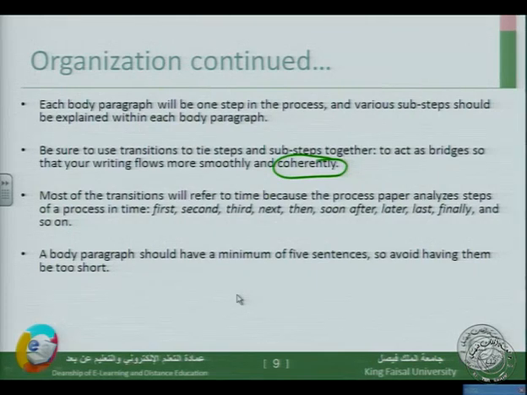So try to write a minimum of 5 sentences for each body paragraph, because in each body paragraph I have a topic sentence, but you need some examples to support it. For example, our thesis statement was: smoking is unhealthy for 3 reasons. In the first body paragraph, I'm going to mention 1 reason, for example, smoking causes heart attacks. This is my topic sentence.